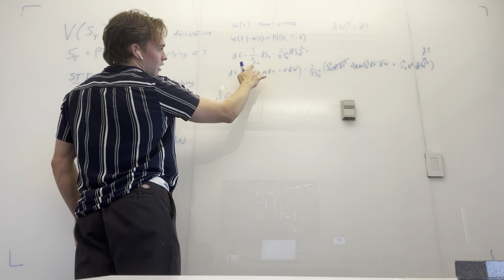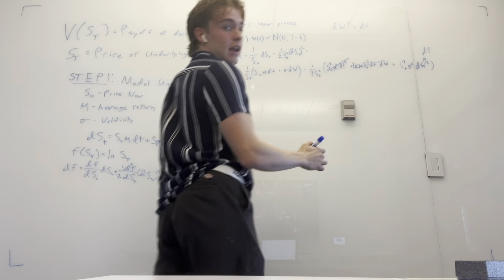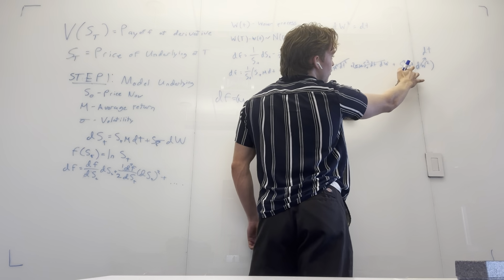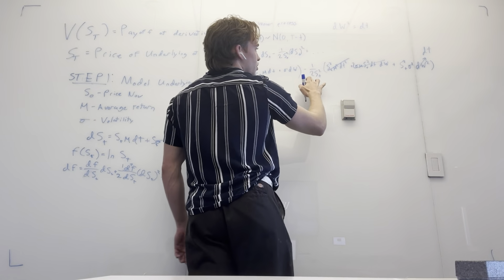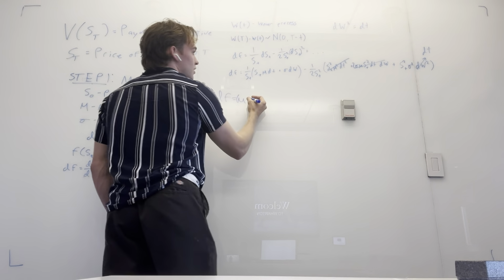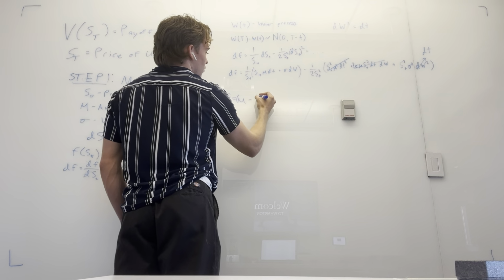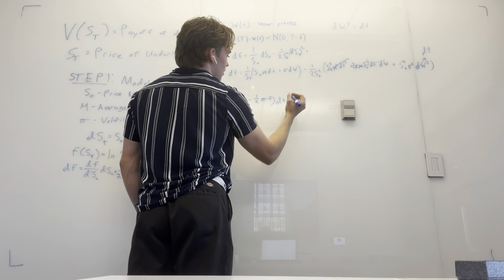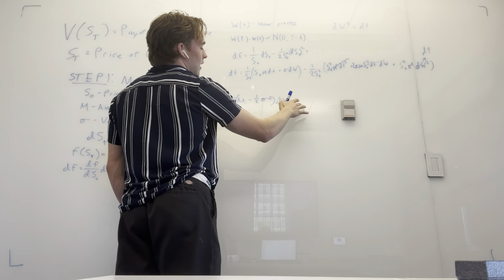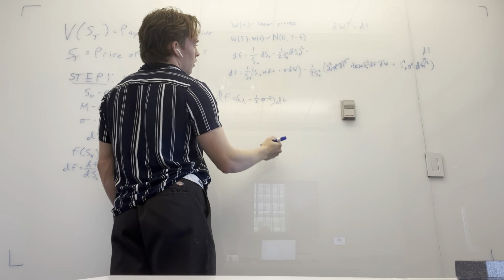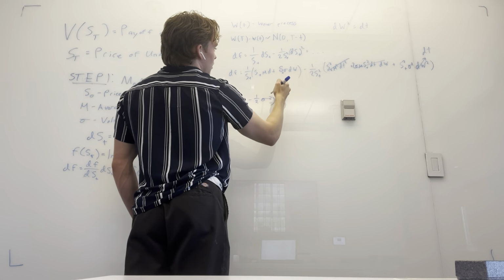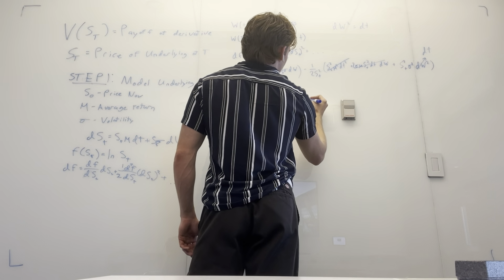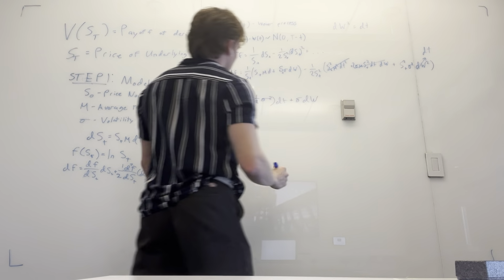So we have mu times dt, those cancel, and then we have another dt term over here, which is going to give us sigma squared over 2, the St's cancel. So this is going to be giving us minus 1/2 sigma squared dt. And then we have our Wiener process term, which again, I forgot the St, but it's going to cancel, and you are going to be left with plus sigma dW.